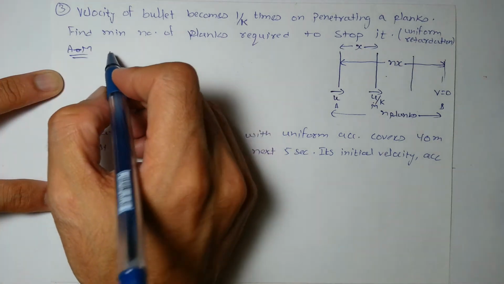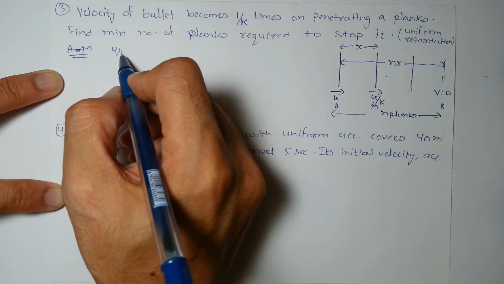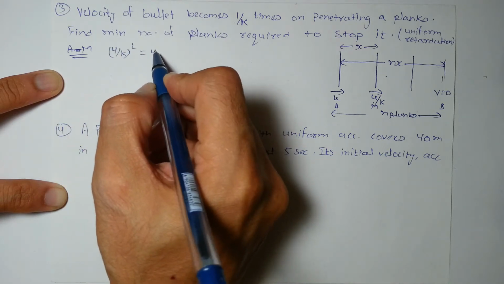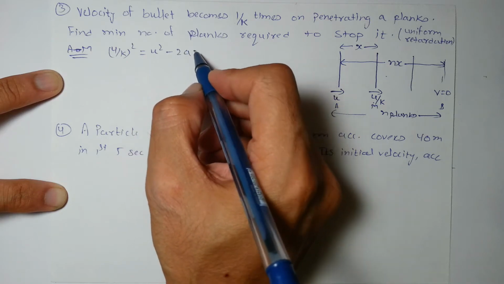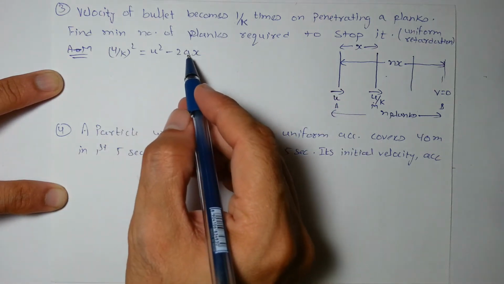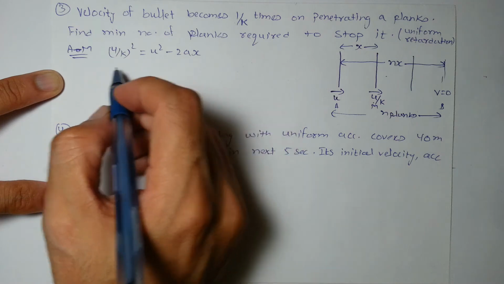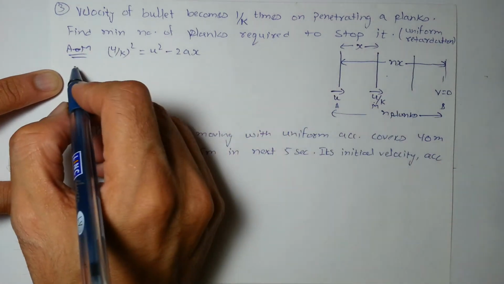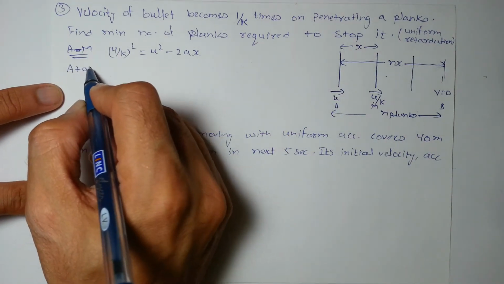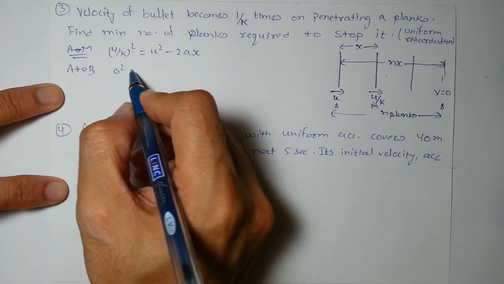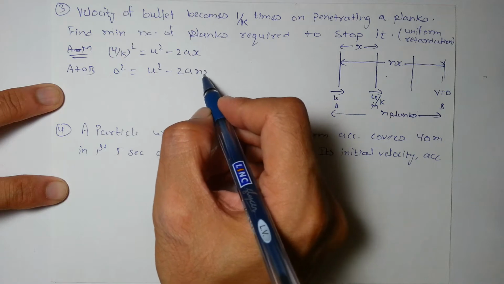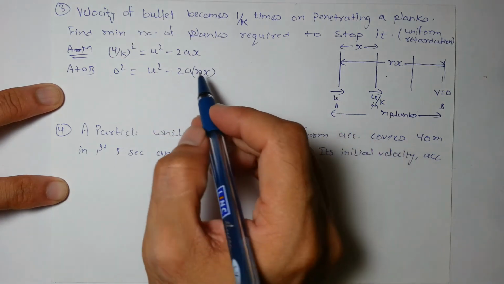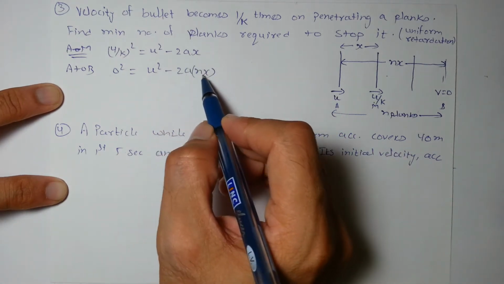equation will give me V square, which is u by k square, is equal to u square minus 2ax. Minus sign indicates the retardation. And equation from A to B, finally 0 square is equal to u square minus 2a nx. Okay, so just place the value of 2ax here.